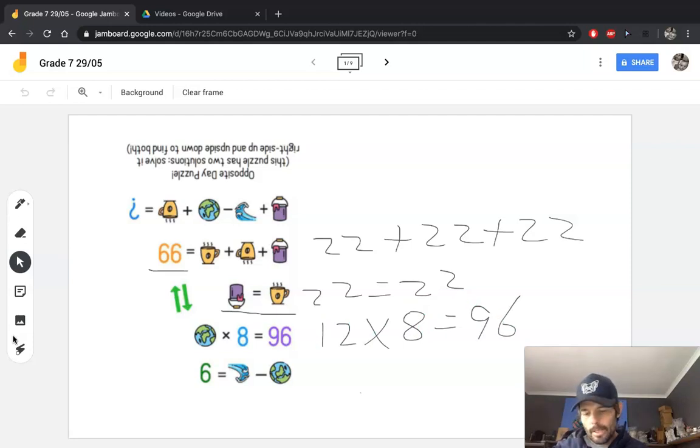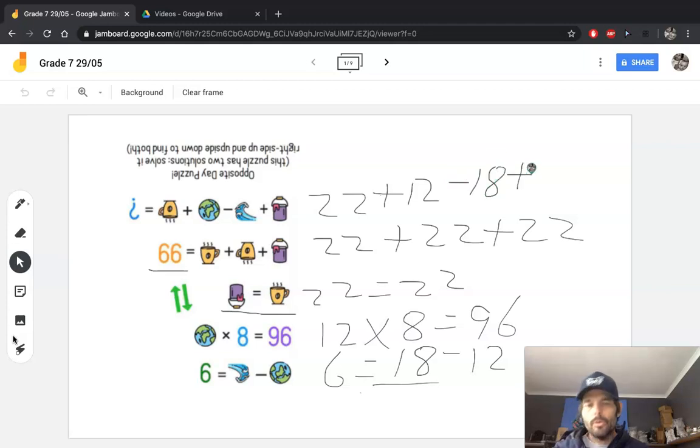Okay, 6 is equal to 18 minus 12. Okay, so the wave is now 18. So that's changed. And then your answer at the top will be 22 plus 12 minus 18 plus 22.